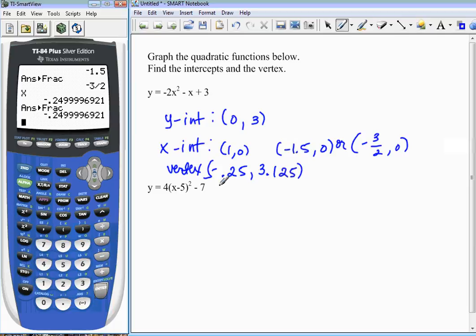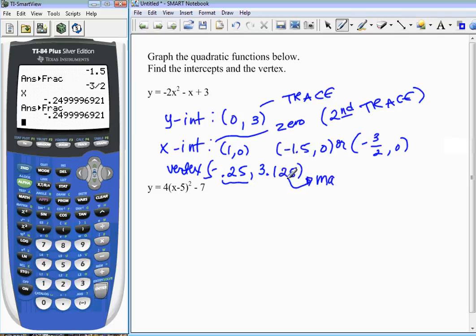And so you would just have to then approximate it to however many decimal places you're told. Okay? So everybody remember, y-intercept is when we press trace, it automatically begins there. X-intercepts, you have to use the 0 function, which is from second trace. And the vertex, in this case, we had to do the maximum, which was at second trace.